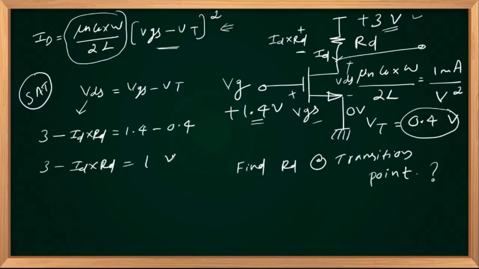For this equation to be valid at the transition point, you should find ID first to know the condition on your RD. How much is ID? Direct substitution: mu1 Cox W by 2L is given as 1 milliampere per volt square, multiplied by VGS minus VT, which is 1 volt only, 1 squared.